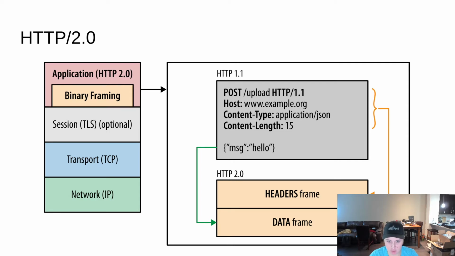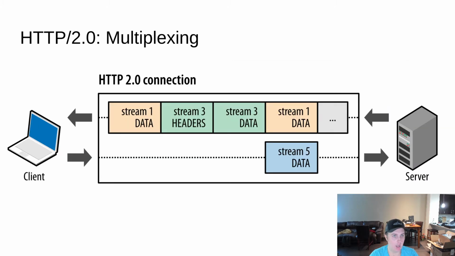Okay, so we can see here that we have these different frames. Our header goes into one frame, our data goes into a different frame. That's the high-level overview. Maybe that's similar-ish to HTTP 1.1. But the more important thing, especially in the context of this challenge, is the fact that HTTP 2.0 has this concept of different streams going along the same TCP connection.